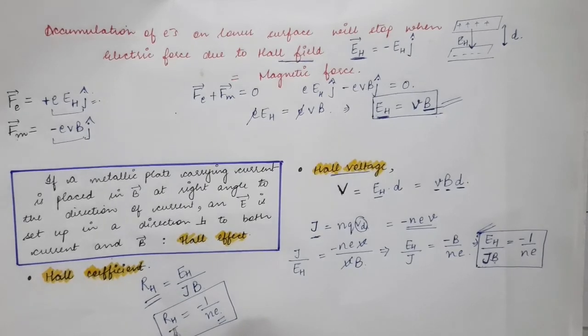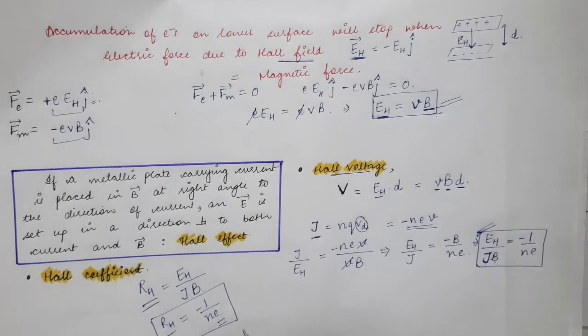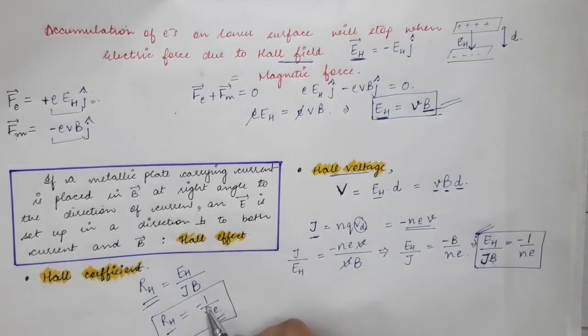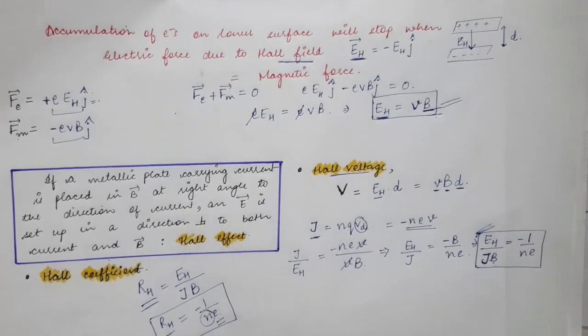This Hall coefficient gives us various types of information. First, it gives us the amount of charge present in unit volume, that is, information about the number density of the charge carriers. Then it also tells us about the type of charge carriers.